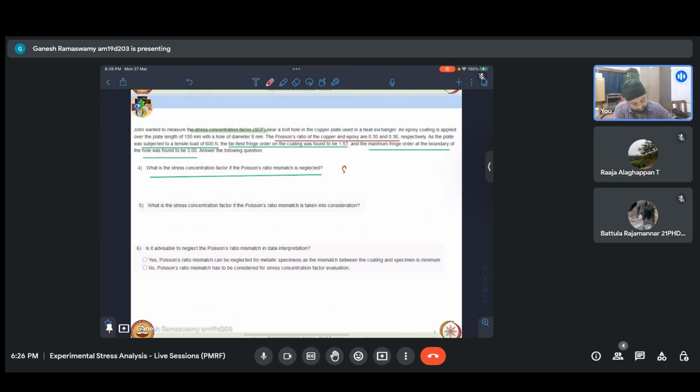So we know that stress concentration factor is nothing but N maximum upon N far field, if we were to ignore the Poisson's ratio mismatch in case of photoelastic coating. So this would be nothing but 3.06 by 1.57. This comes out to be 1.95. Around 1.95 is our SCF when we ignore the Poisson's ratio mismatch.